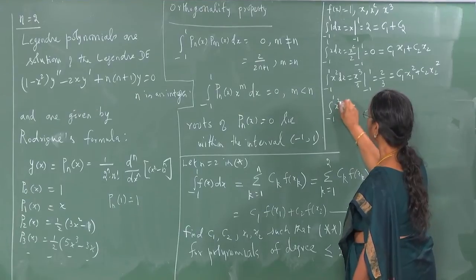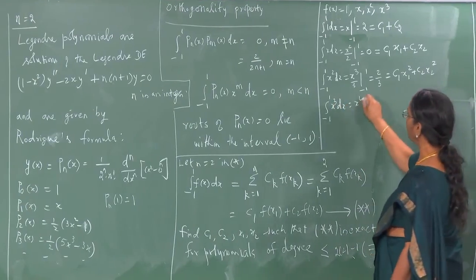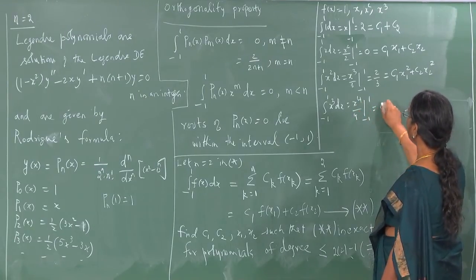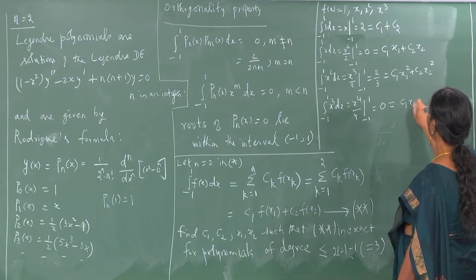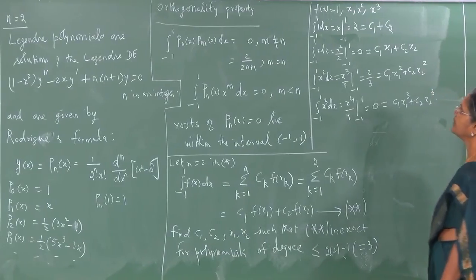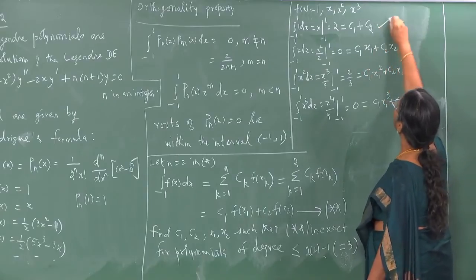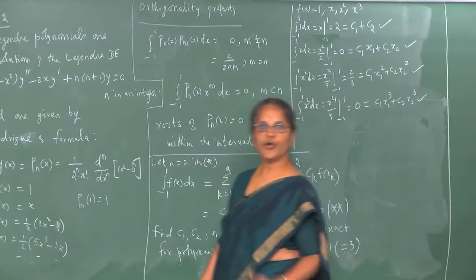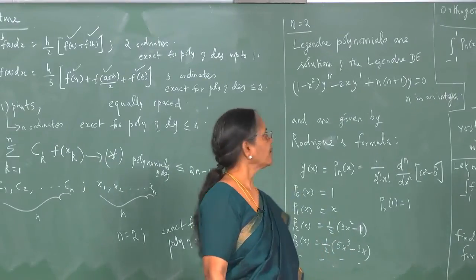Then the integral from minus 1 to 1 of x cube dx will be x to the power of 4 by 4 between minus 1 and 1, and that again will be 0, and that is equal to C1 into x1 cubed plus C2 into x2 cubed. So, we observe that we have 4 equations to determine the 4 unknowns C1, C2, x1 and x2.